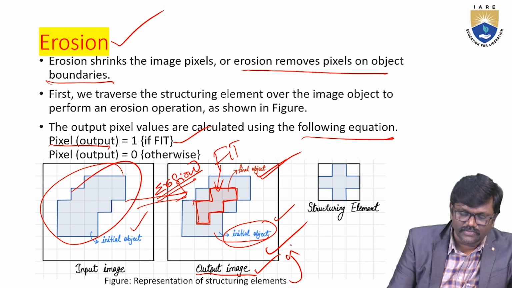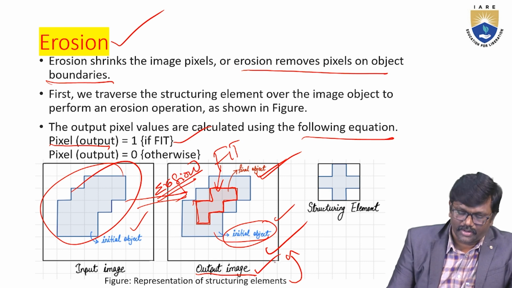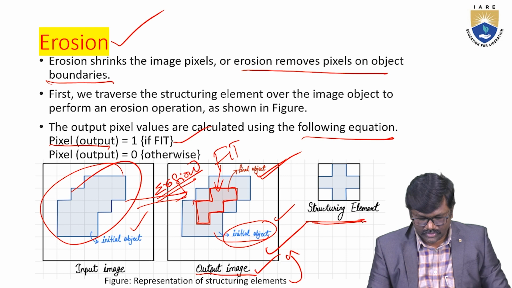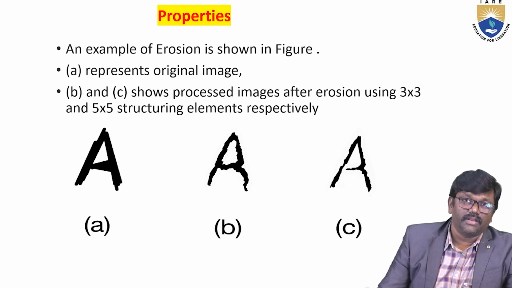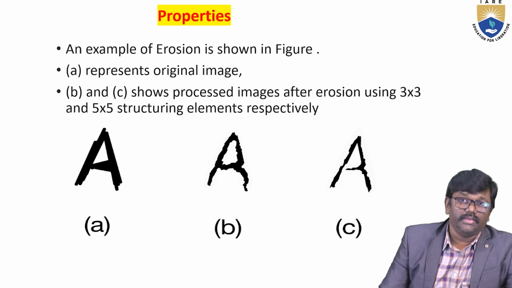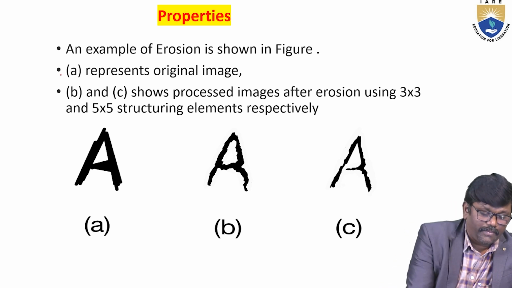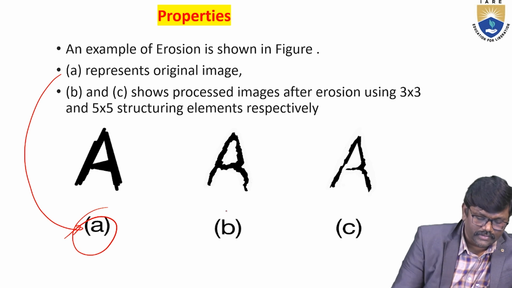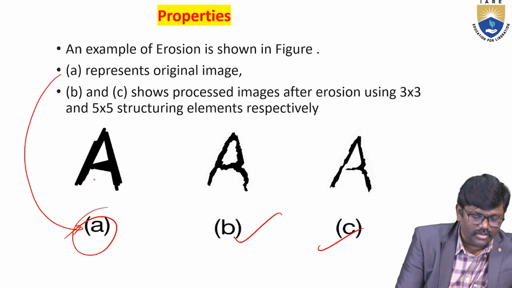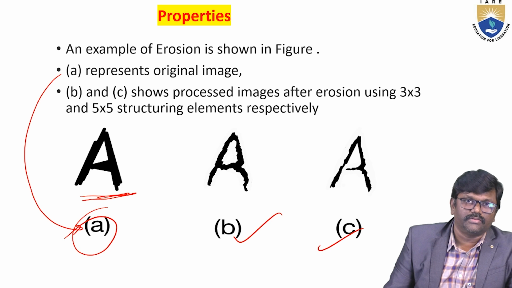Then you are going to see that process in a simple manner with a structuring element. What are the properties of erosion in morphological image processing? You are going to see it with the best example. By taking one figure, the A part is this, the B part is this, C is this. Here A is the original image.